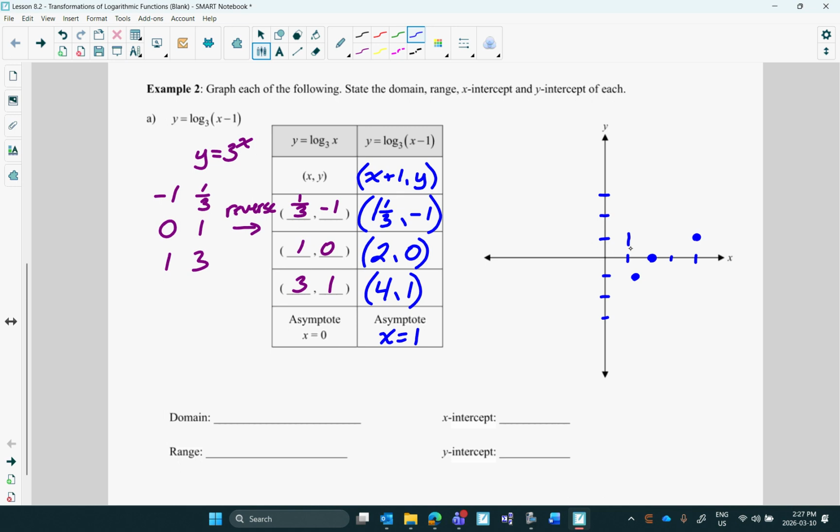The asymptote moved from the y-axis 1 to the right. And you should be able to draw the curve now. As we go to the left, we're going down along the asymptote, and then this just continues off to the right.